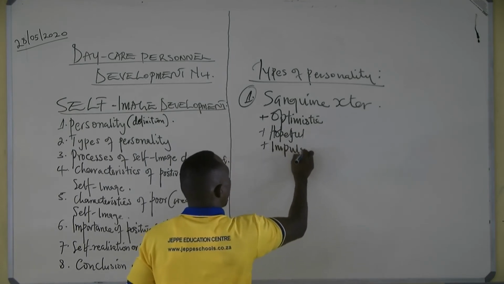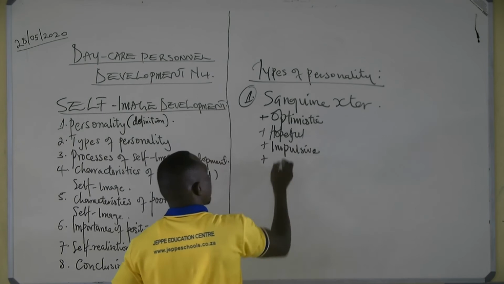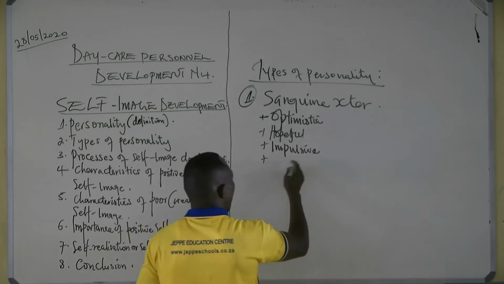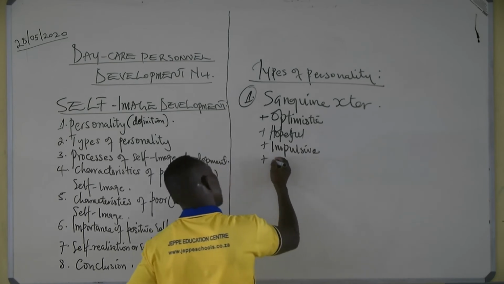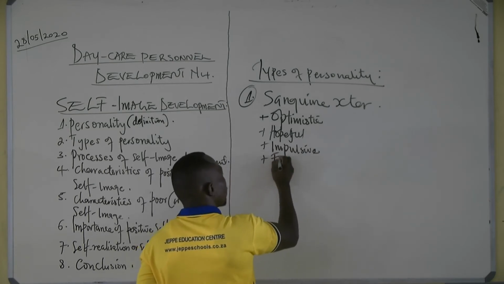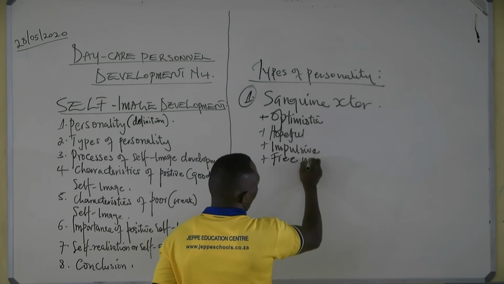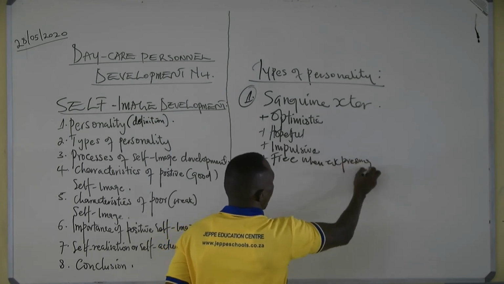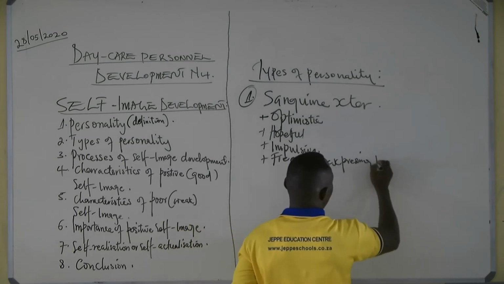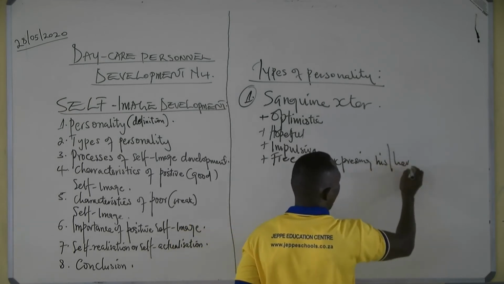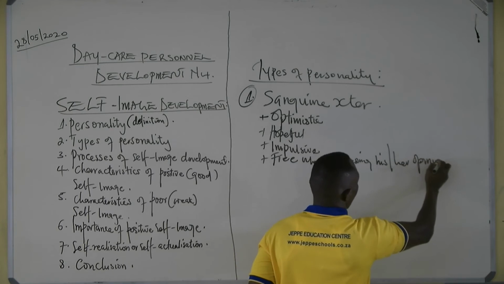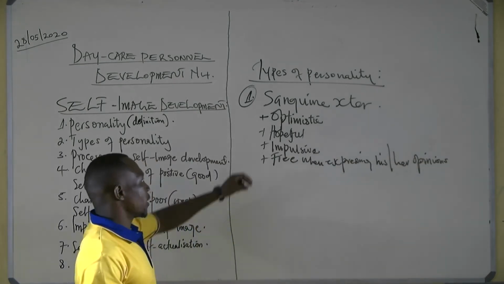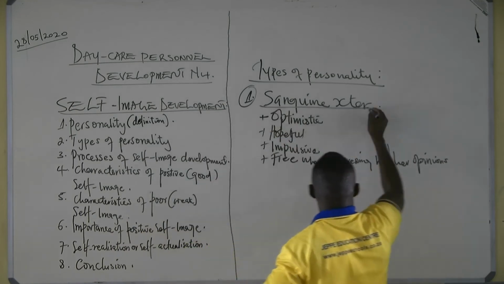Is when a person also is impulsive. Sanguine character is also when a person is free in expressing his or her opinions in a given social group.